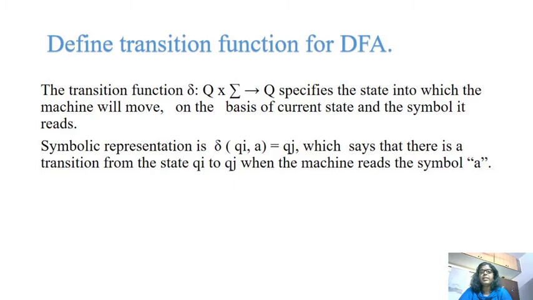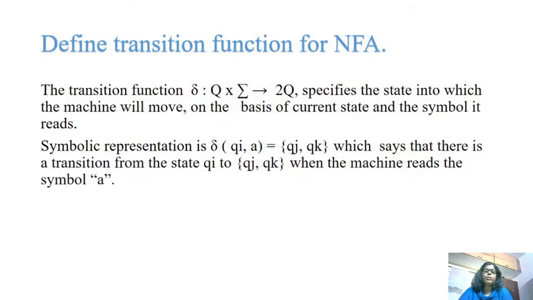The symbolic representation is delta of Qi, A equals Qj. Qi is a state, A is the input symbol; Qi reads A and moves to the next state Qj. This is the symbolic representation which says that there is a transition from the state Qi to Qj when the machine reads the symbol A.